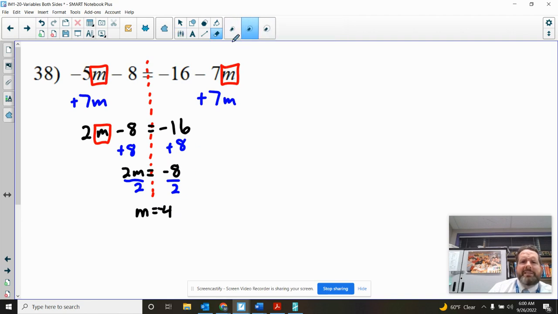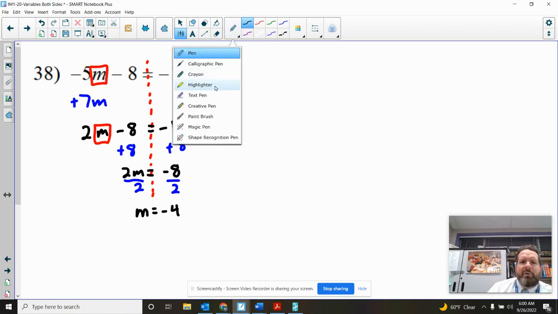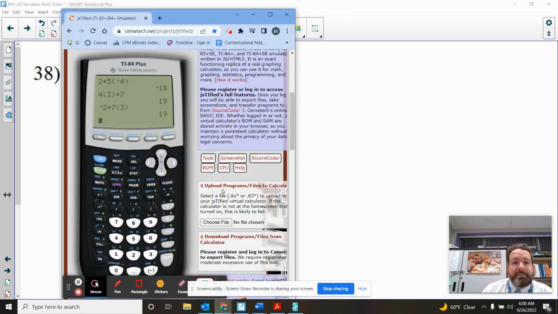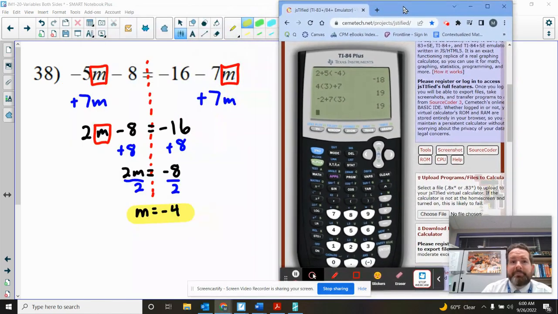I'm going to rewrite it to make the negative a little easier to see. And then the hope is that when we check, I'll get the same number on the left and right of the original equation when we put those into the calculator. So one more time, final check. Where you see the letter m, you're going to put parentheses, and in those parentheses, put the number we think m is.